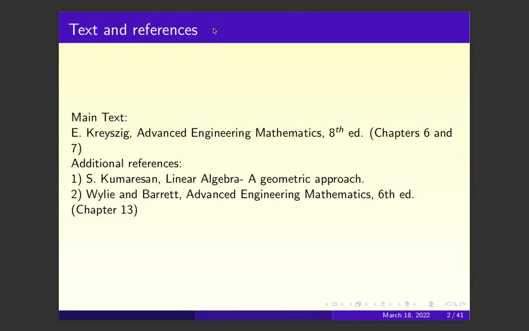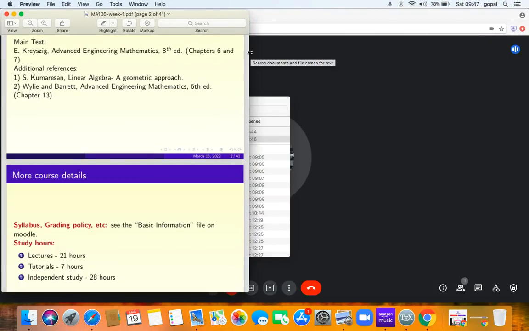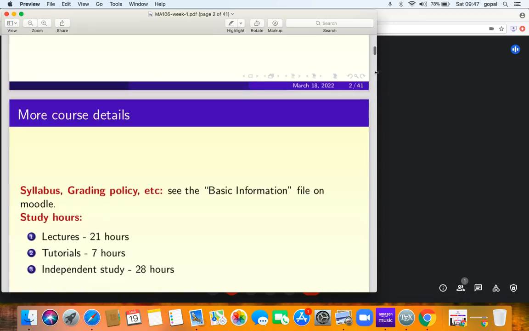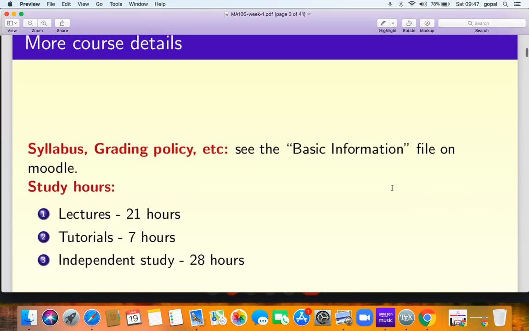The textbook for this course is Advanced Engineering Mathematics, the 8th edition, Chapter 6 and Chapter 7. This book has been traditionally used for many years now. And the grading policies will be shared with you on the Moodle under the title Basic Information.